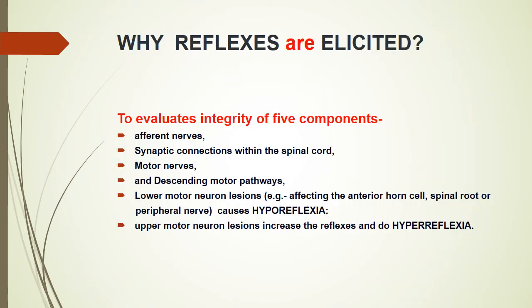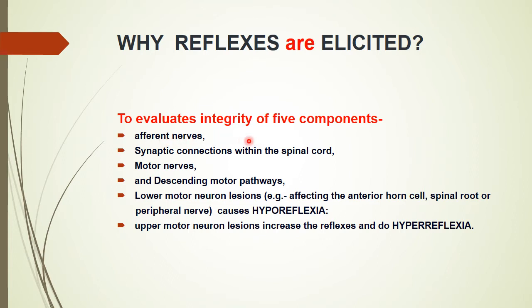So the question arises, why is the reflex elicited? Number 1, to evaluate afferent integrity. First and very important, we elicit reflexes to find out the integrity of the 5 components of the reflex arc.